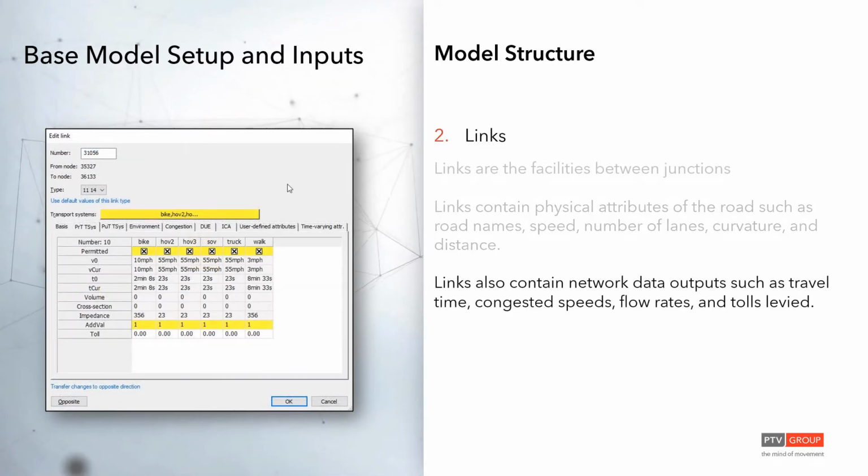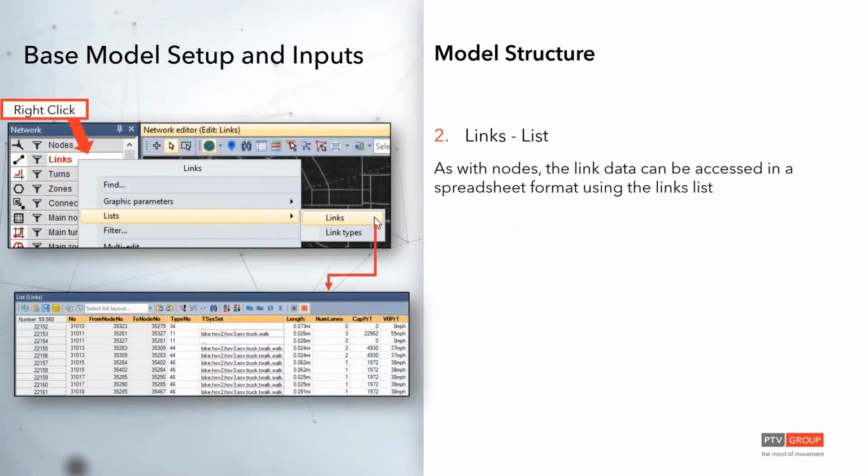And also model output data, variables that are computed by Visum, things such as congested speeds, volume, or travel time, etc. So the link data contains all of this.